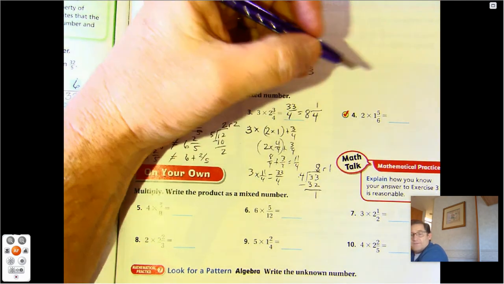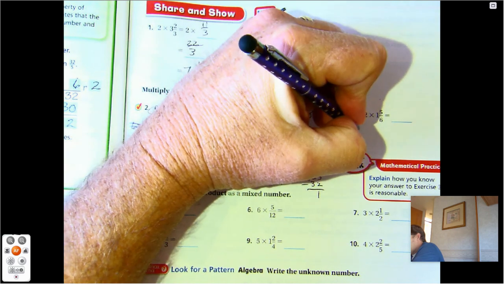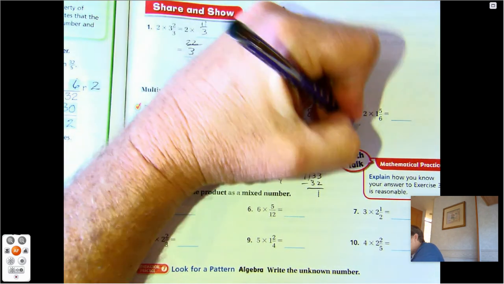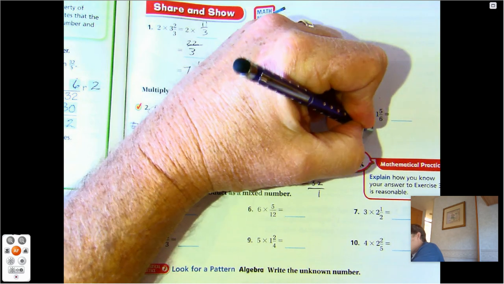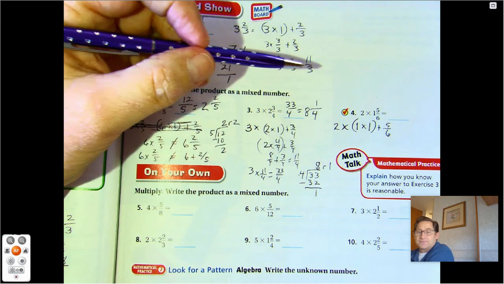2 times 1 and 5/6. So we're going to have 2 times, we're going to rename, well, 1 times 1 plus 5/6.